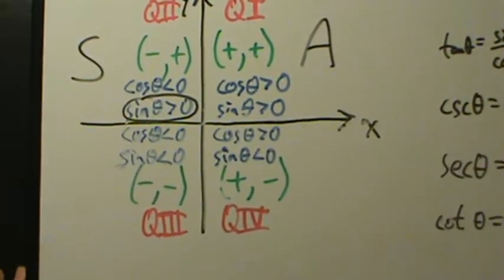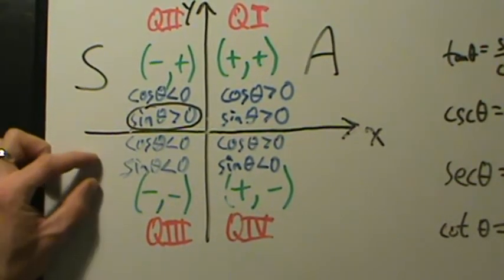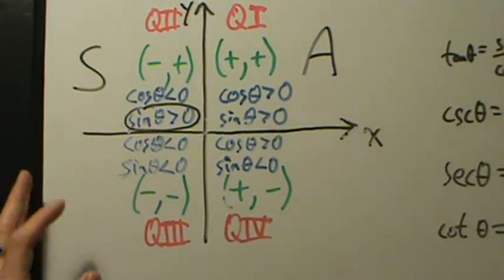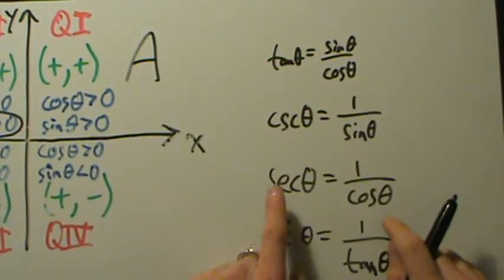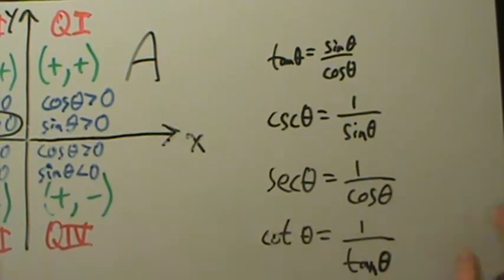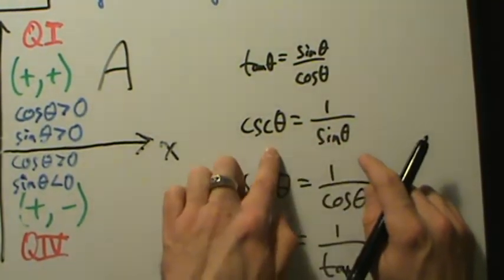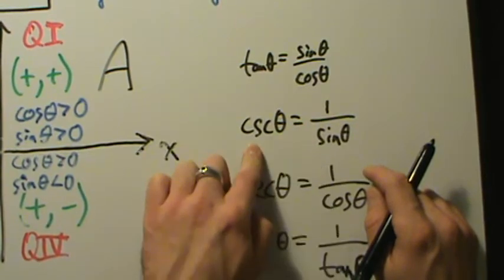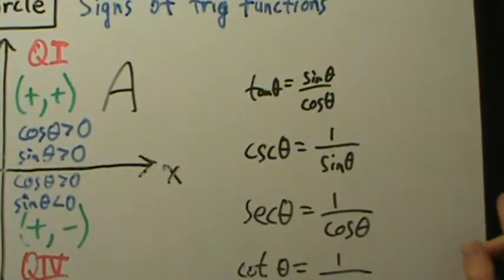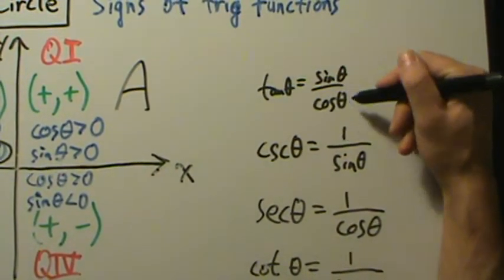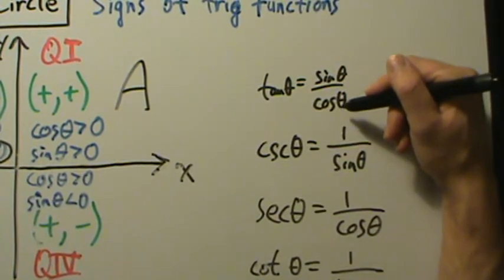Okay, what about the third quadrant? Cosine and sine are both negative. So since cosine is negative, secant is necessarily negative. Since sine is also negative, cosecant is also necessarily negative. 1 divided by a negative number is a negative number. What about tangent? Well, a negative number divided by a negative number is a positive number.